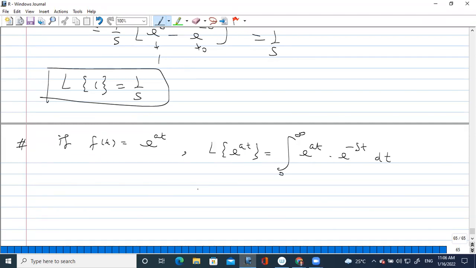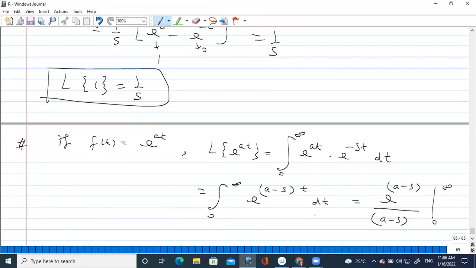So it will become the integral 0 to infinity e to the power (a minus s)t dt. Now you can integrate it. e to the power (a minus s)t divided by (a minus s), 0 to infinity.